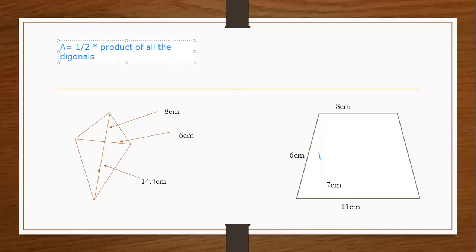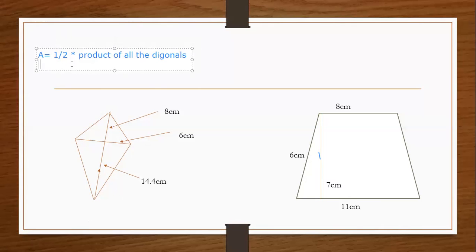As I was explaining when we were doing the rhombus, I talked about using the full length of the diagonal. So the full length of the longer diagonal will be 8 plus 14.4, and the full length of the shorter diagonal will be 6 plus 6.